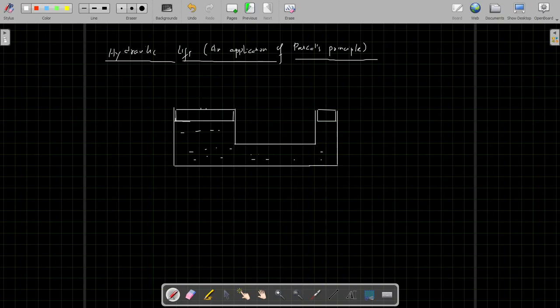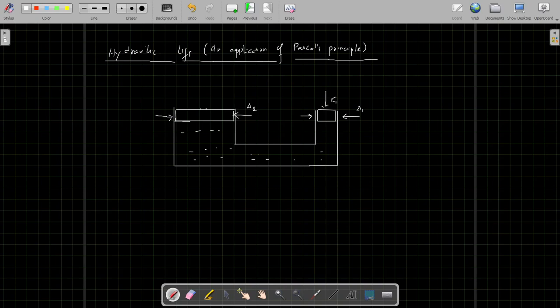Here, the cross-sectional area of this piston is A1, and for this one, let me take this as A2. This is A1 and this is A2. You are applying a force F1 here.